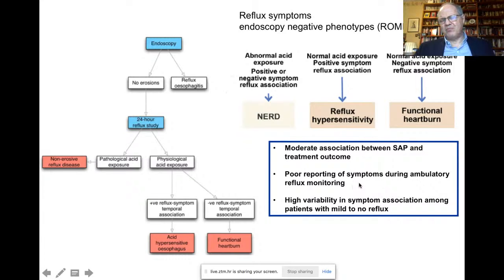Second, it depends very much on reporting of symptoms by the patient, and this is in general pretty poor. And finally, in patients with mild reflux, there is a high variability in the symptom association. Therefore, the phenotyping is very useful, but is somehow based on a weak tool.